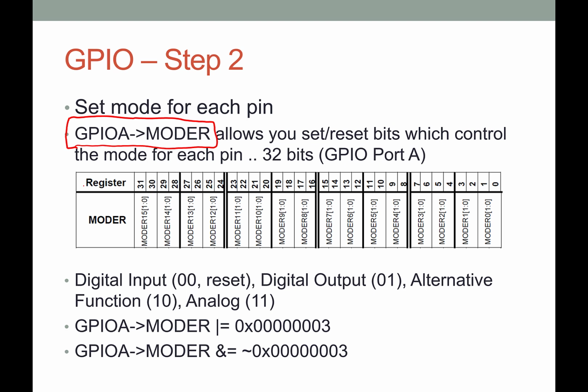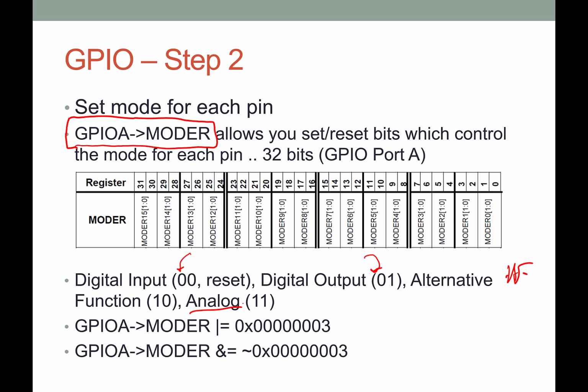And remember, the key for the GPIO ports is that for this mode register, we can set a pin as an input, an output, alternative function, that's what we talked about as AF previously, or analog.